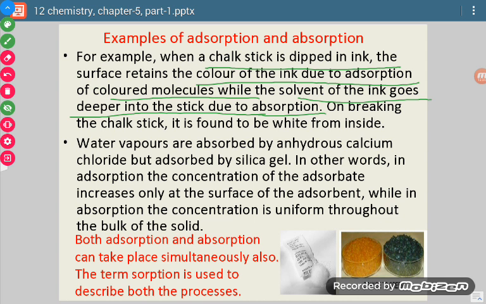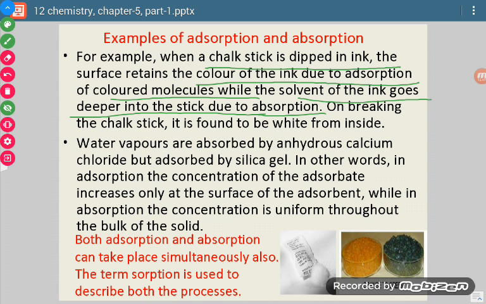The molecules of solvent will move inside, but the molecules of dye will not move that much inside. Their movement will be restricted because they are heavier molecules and they will not go too deep inside. But solvent molecules will go deep inside the chalk.